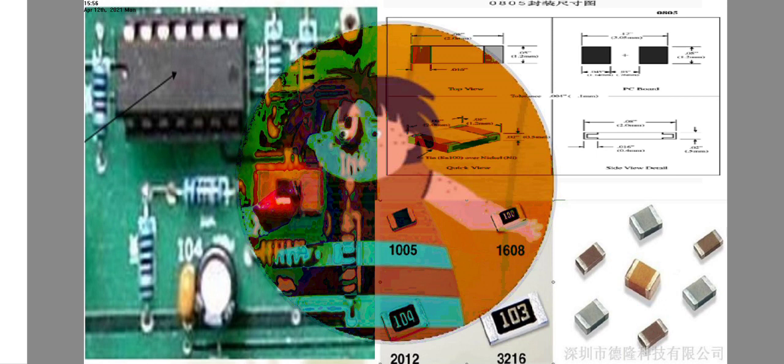the dimension of cell phone resistor is 0.1 millimeter wide. The height is 0.05 millimeter.